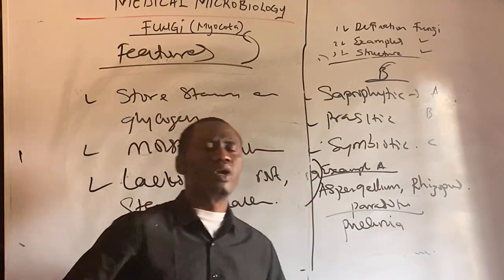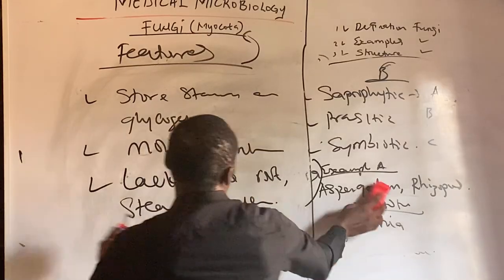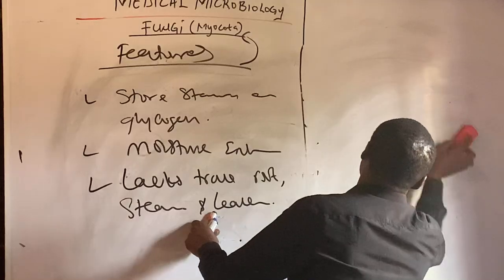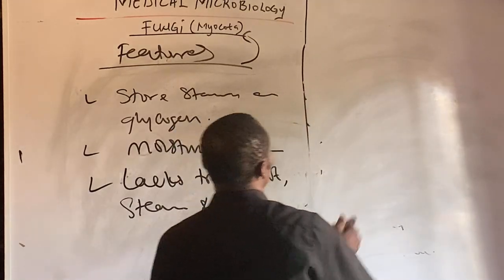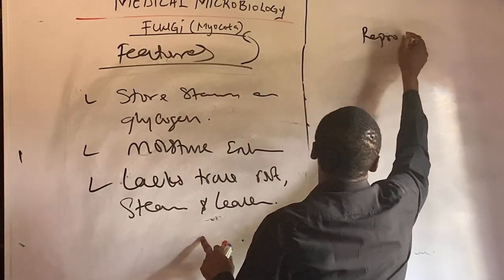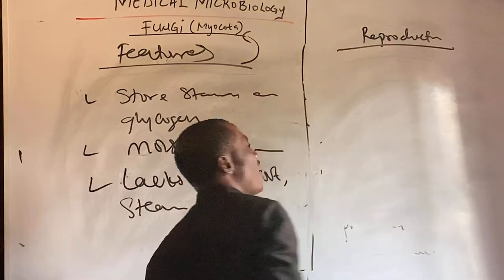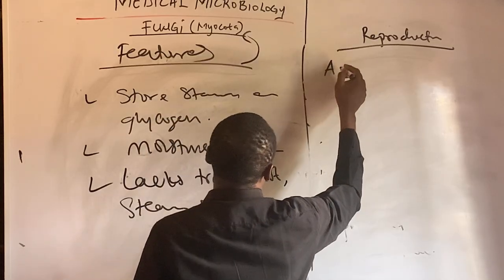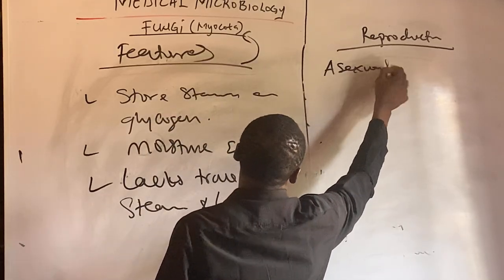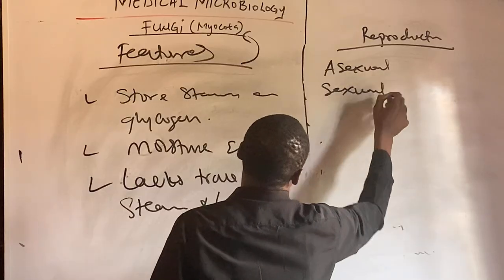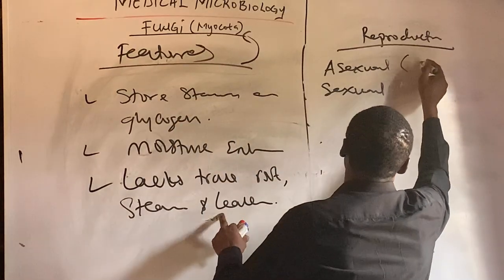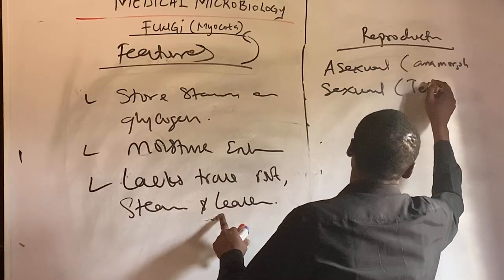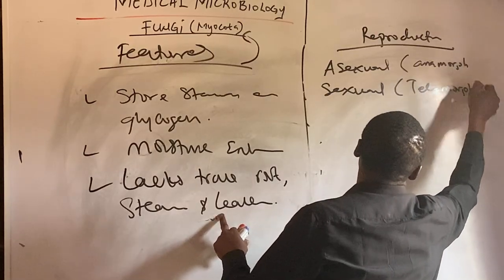Now we move to the other one, reproduction in fungi. For the reproduction in fungi, what should come to your mind is that fungi undergo asexual and sexual reproduction. This is called the anamorph. This is called the teleomorph.